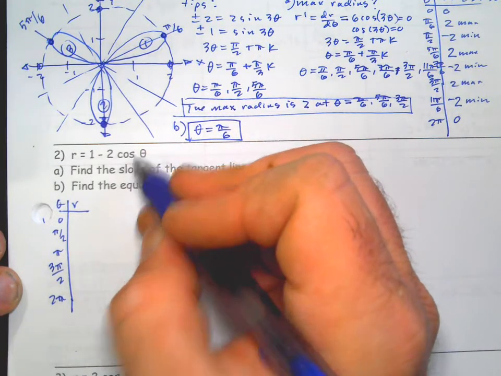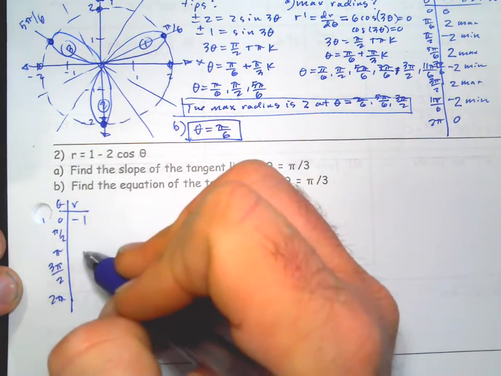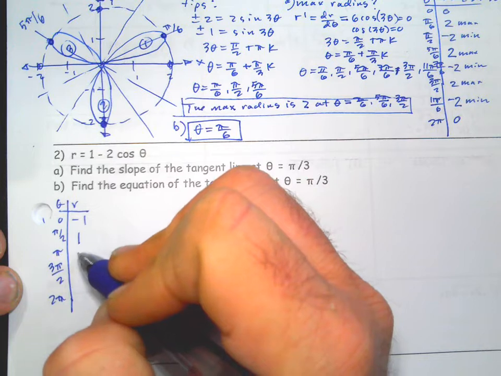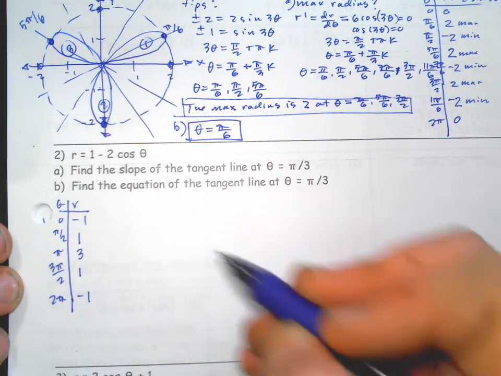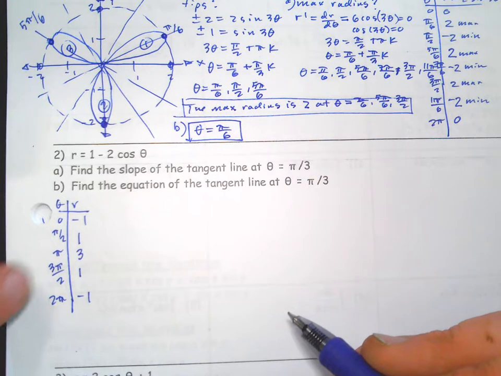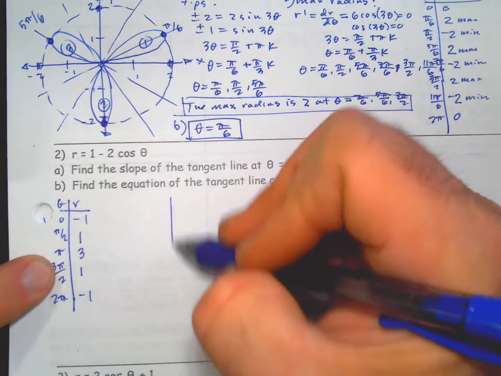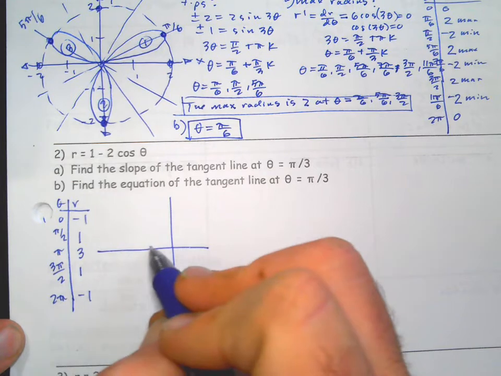So 0 in here, it's going to be negative 1, 1, 3, 1, and negative 1. It's going to be sideways, and the biggest side is to the left side, so you might give yourself a little more room over here.